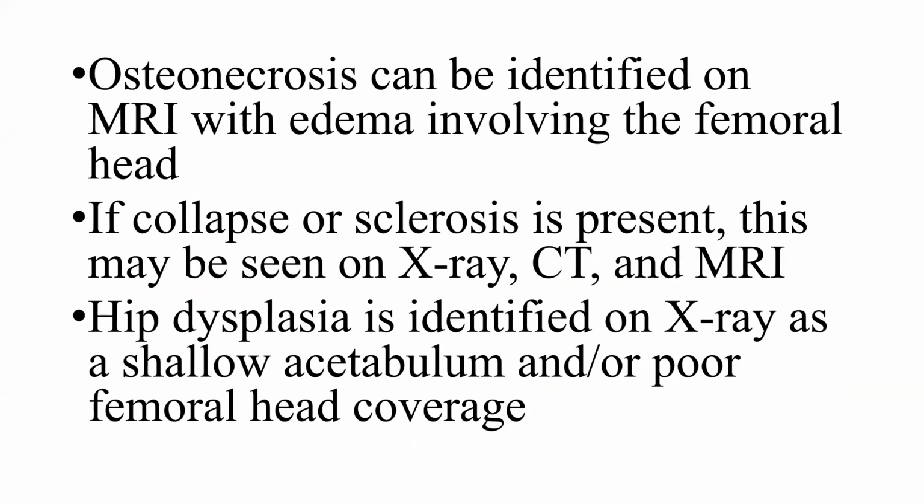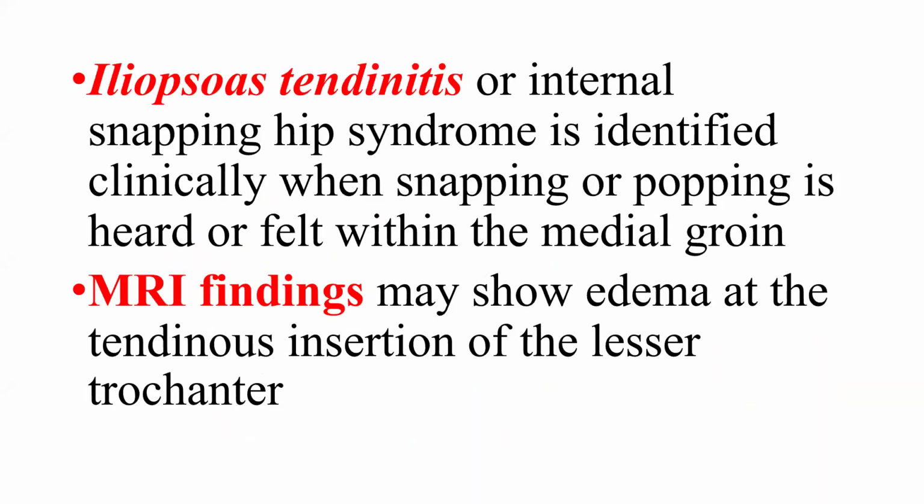Hip dysplasia is identified on X-ray as a shallow acetabulum and/or poor femoral head coverage. Iliopsoas tendinitis or internal snapping hip syndrome, as I mentioned before, is identified clinically when snapping or popping is heard or felt within the medial groin.